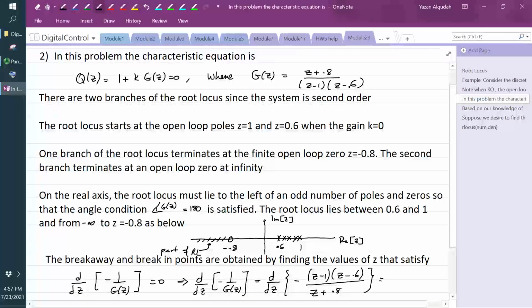So in this case, the root locus will terminate at the finite zero at z equal to negative 0.8, and the second branch will terminate at an open loop zero that is at infinity.